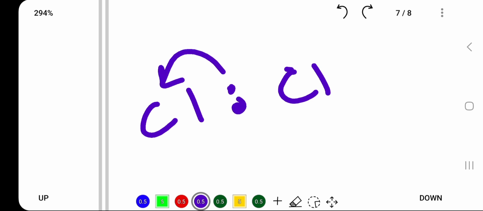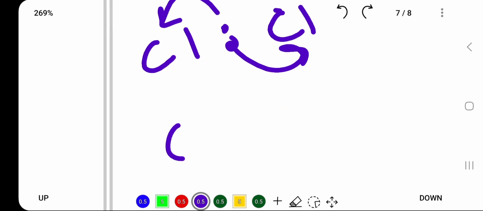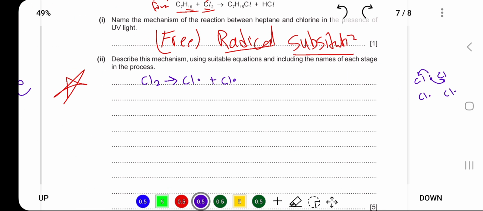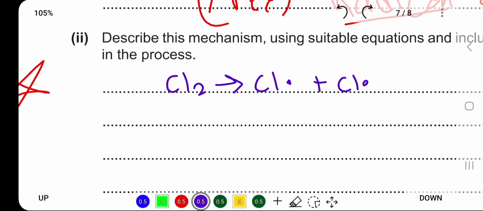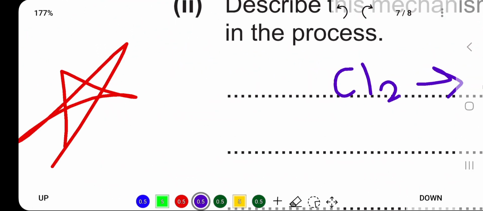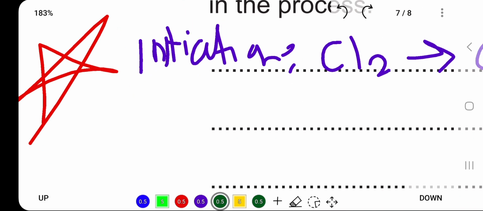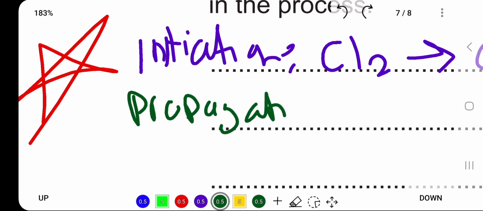An equivalent bond, one takes that, one takes the other. Alright, now this is the initiation part. Now you have the propagation part.